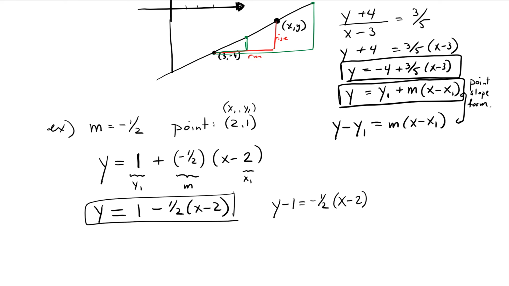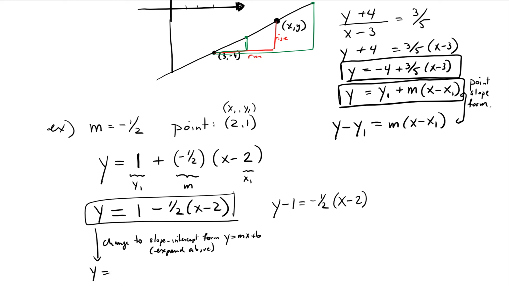Okay. If I want to change this to slope intercept form, so in the form y equals mx plus b, what do I need to do? I'm going to expand the expression above.